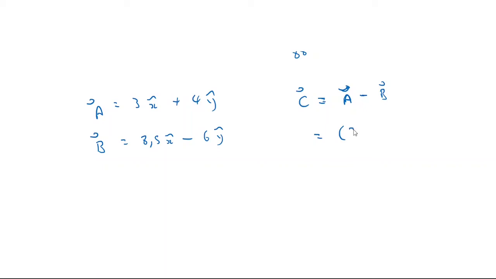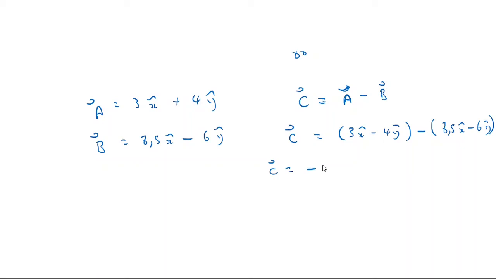So you put A, which is 3x minus 4y, and then there's the minus. What is vector B? B is 8.5x minus 6y. That's vector C. So vector C, take all the x's and then you just subtract from one another.